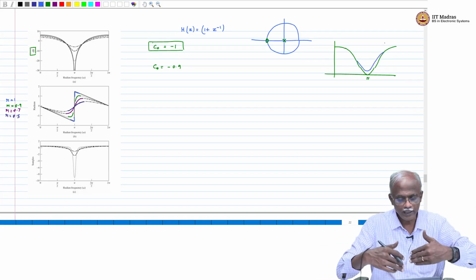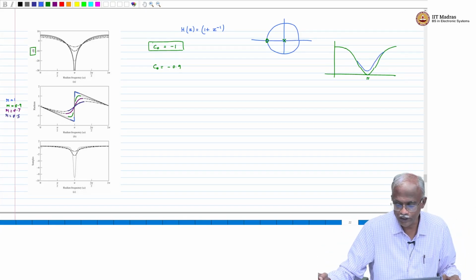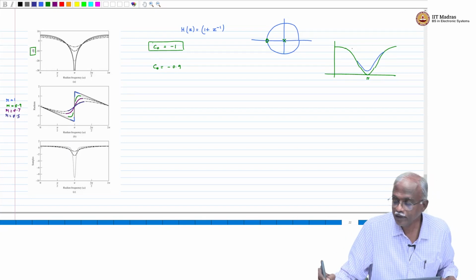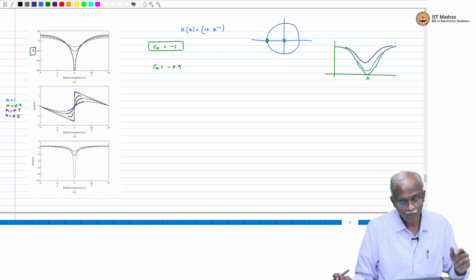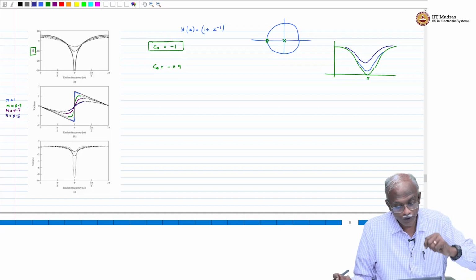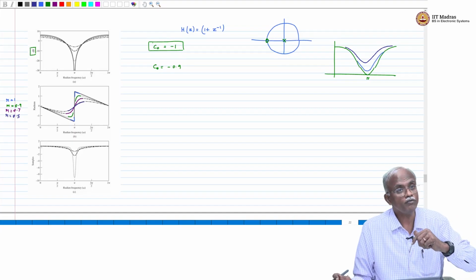On a dB scale it looks a little different. So this is for 0.9. Then if I go to only 0.5, you will see that the behavior looks a little bit different. More important, I want you to look at what will happen to the phase.